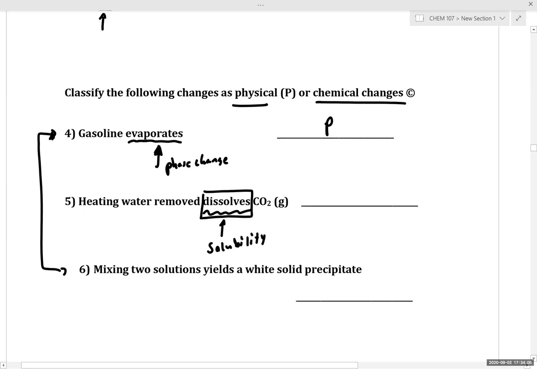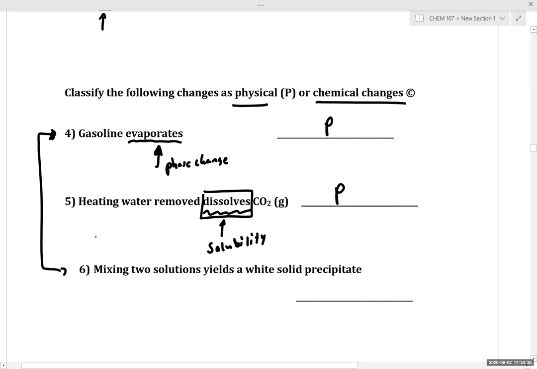And is solubility a physical or chemical change? It's a physical change, yeah. So anytime you see the keyword dissolves or dissolved, that refers to solubility, which we know as a physical property, and changes in solubility are generally physical changes. Does that make sense to everyone?